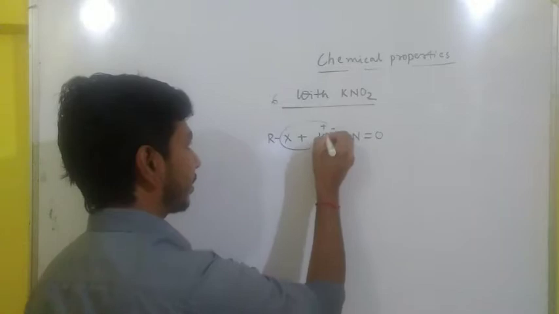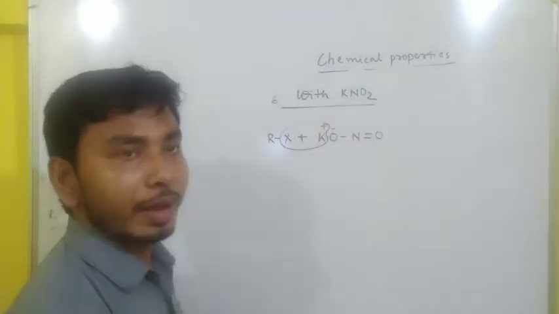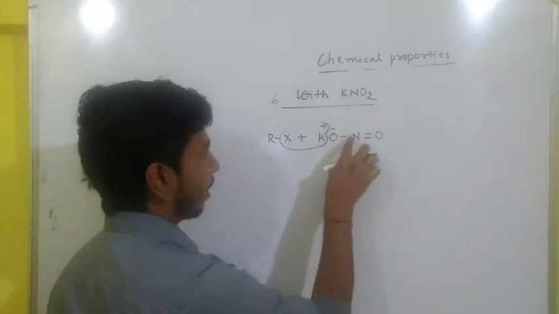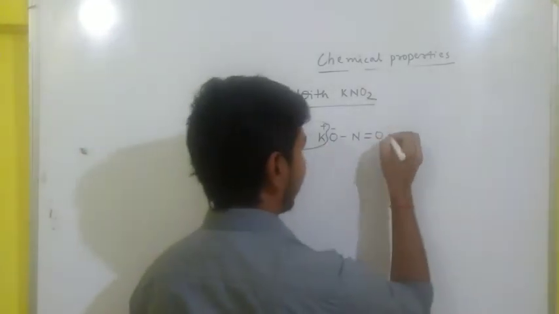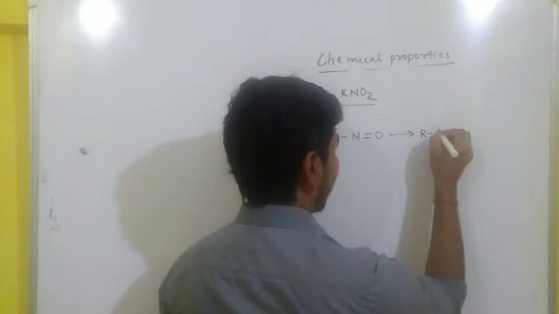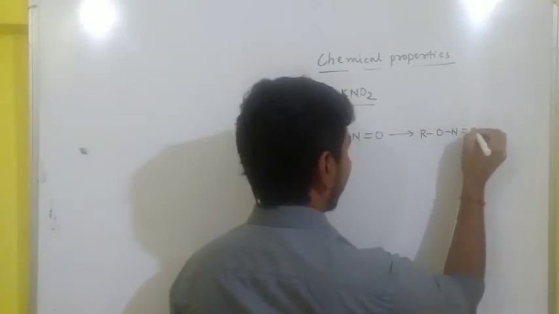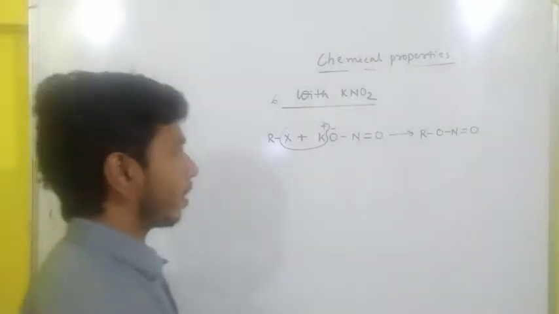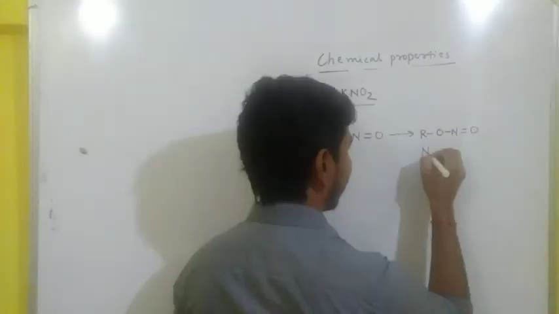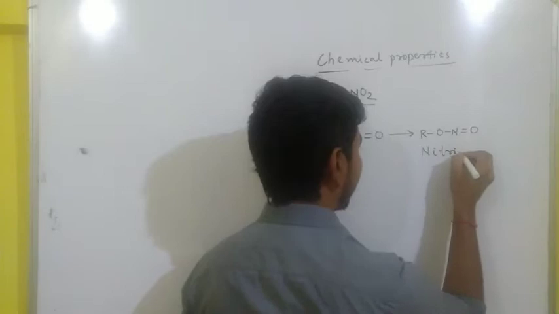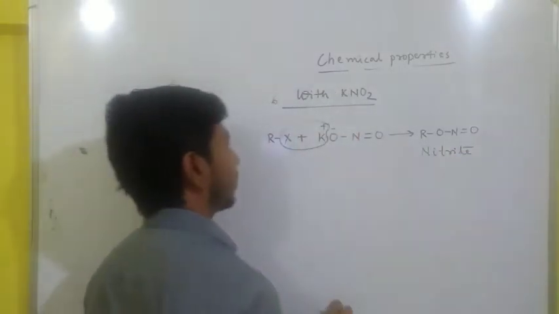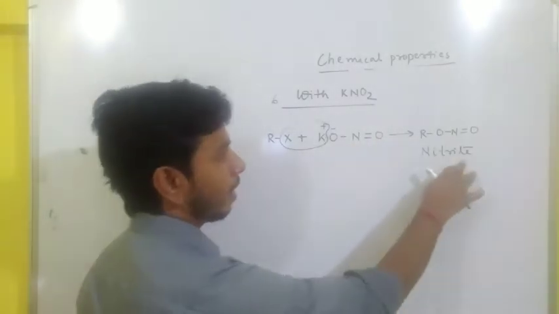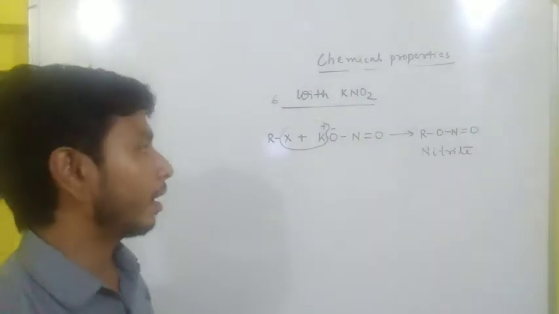Here KX is removed, so now it is RONO. It is called nitrite. So when alkyl halide reacts with KNO2, it gives the nitrite.